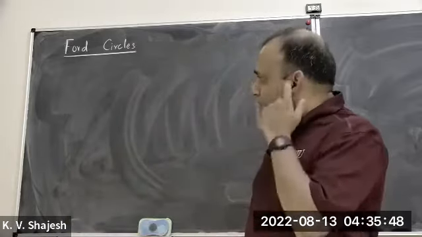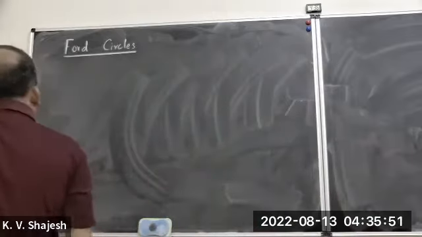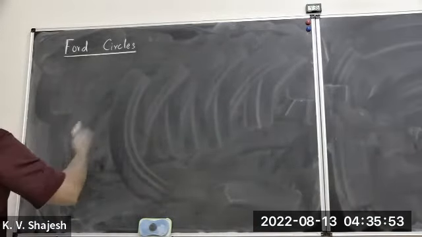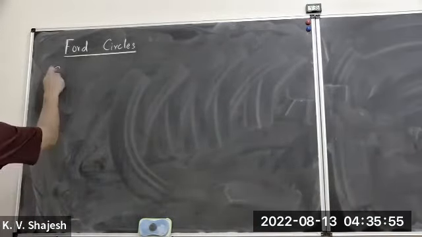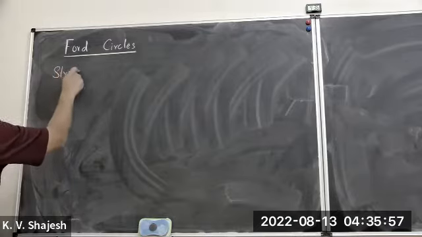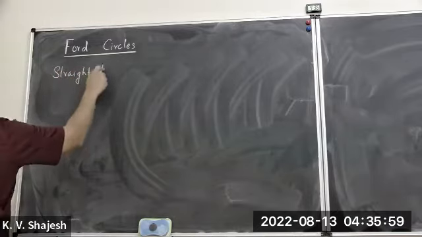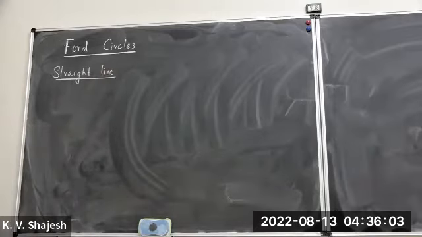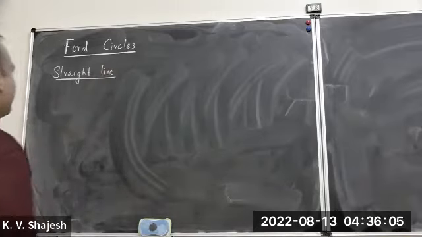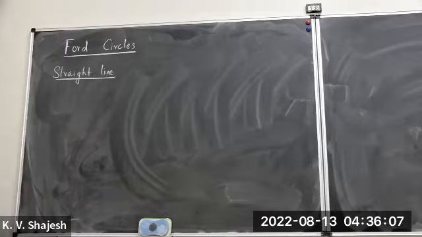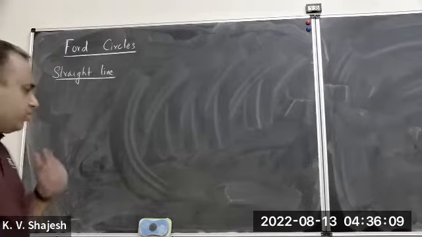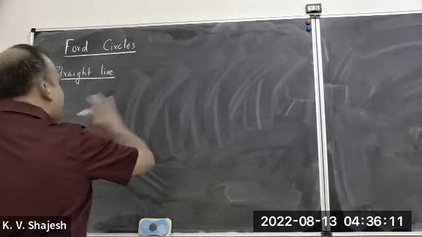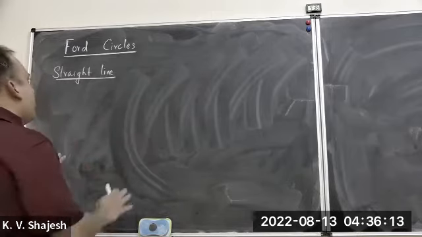So before we go to Ford circles, let's think of a straight line. Just to give a feel for what I'm talking about. If I want to describe or characterize a straight line uniquely, unambiguously, let's stick to straight lines on a plane.